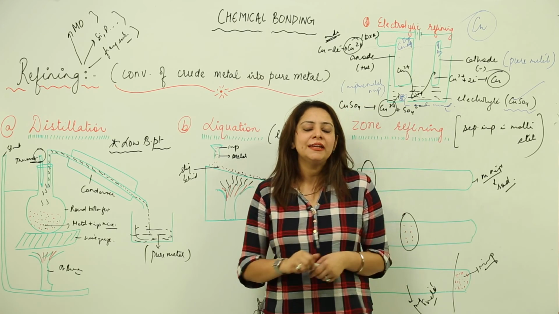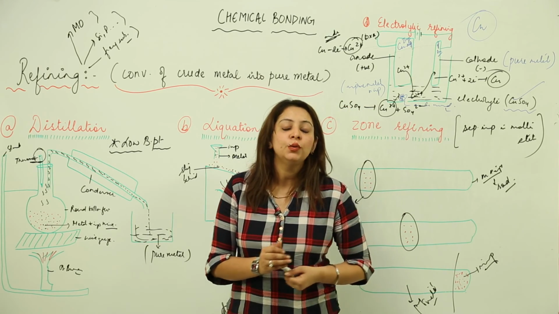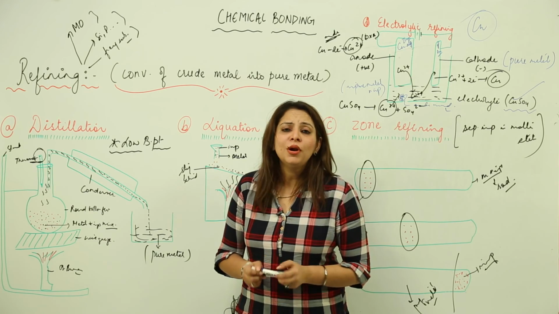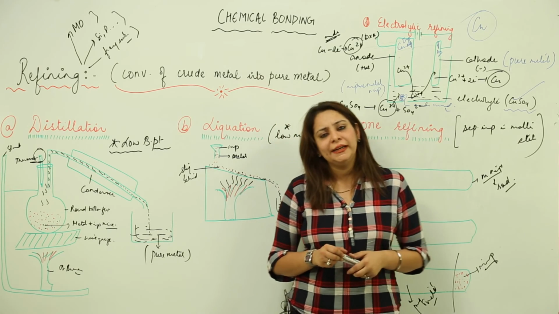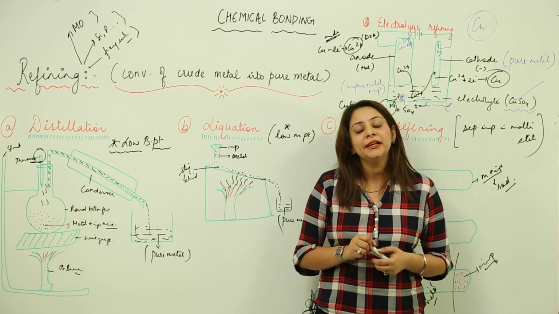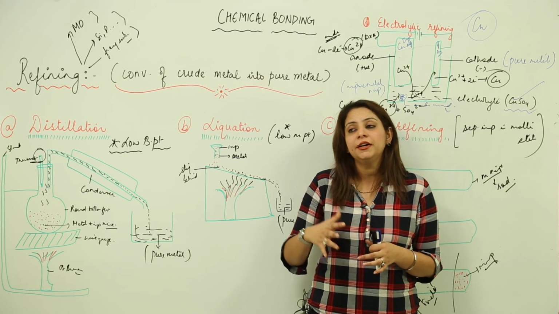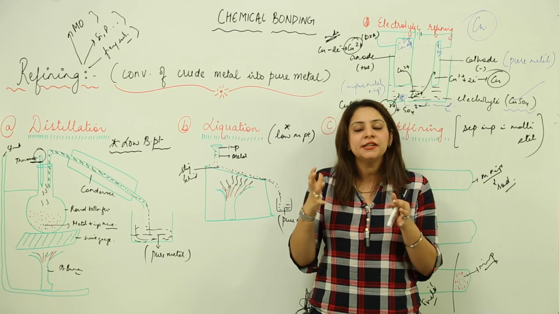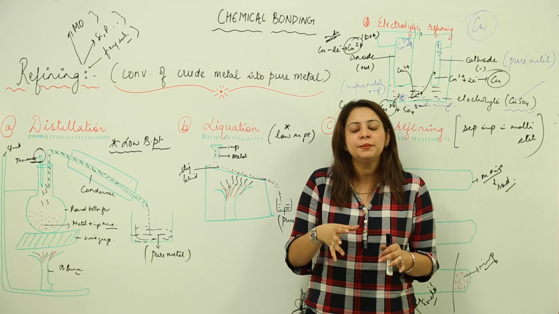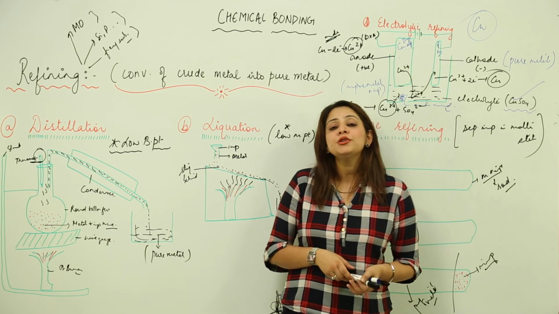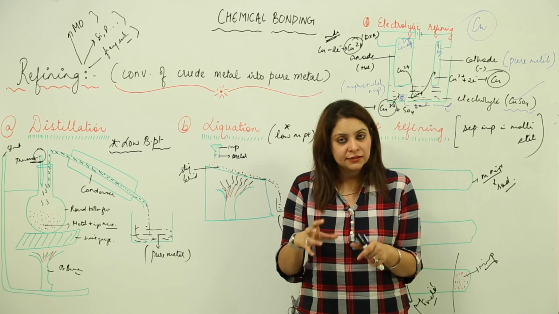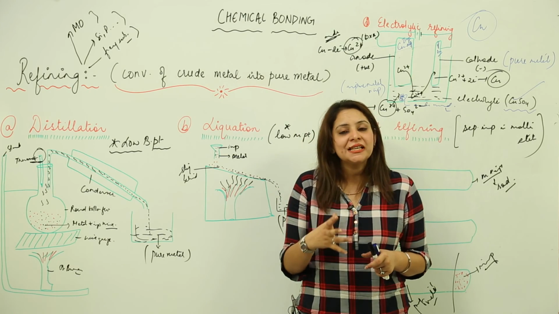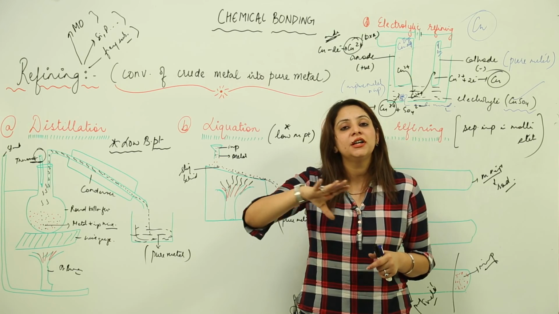One method is just striking my mind that I want to discuss with you, that is poling, right? Poling is also one of the methods of refining. Poling is employed where there is an impurity present in the mixture as a metal oxide. So what you do is take the metal and impurity mixture on a hearth, heat it, and then stir it with a log of wood.